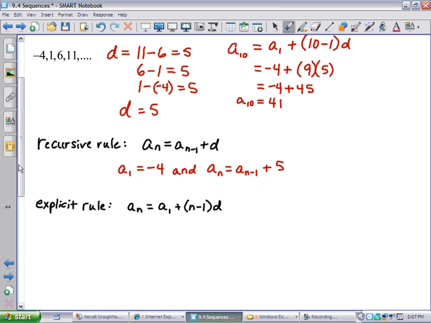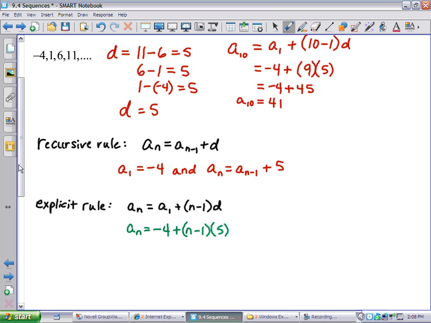So if I plug in here, a sub n equals my first term, which was negative 4, plus n minus 1 times the common difference, which was 5. Well, I'm not going to leave it like this.